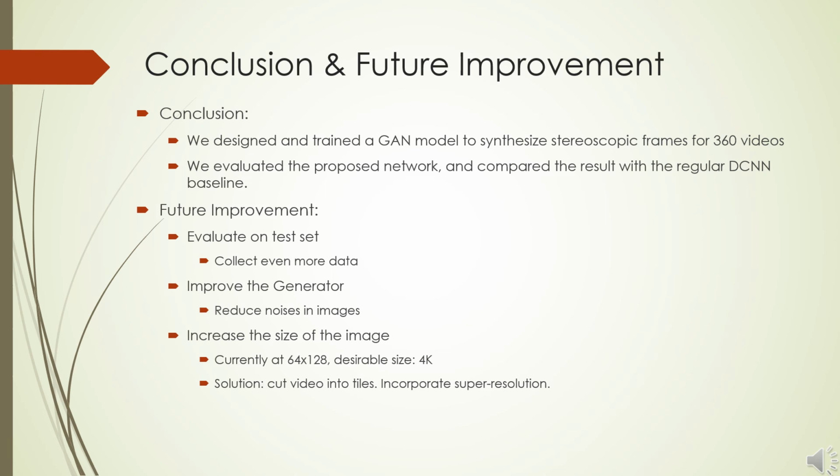A smaller output allows us to reduce the memory footprint and reduce the running time, which is the training time. Ideally, the output should be in 4K for 360 video. As a solution, we could either cut the video into tiles and independently train on those tiles, or we could incorporate super resolution into our network structure.